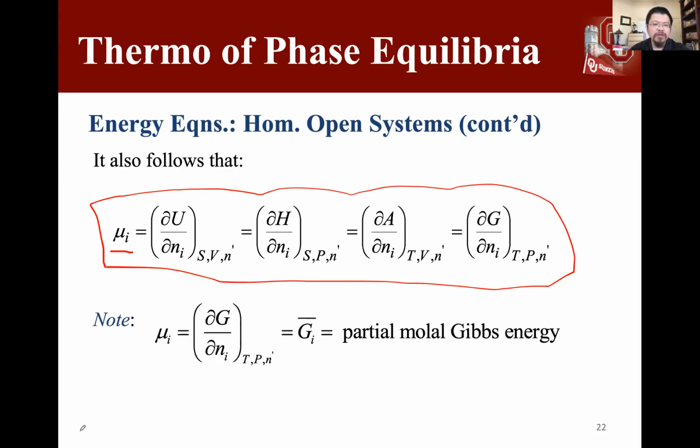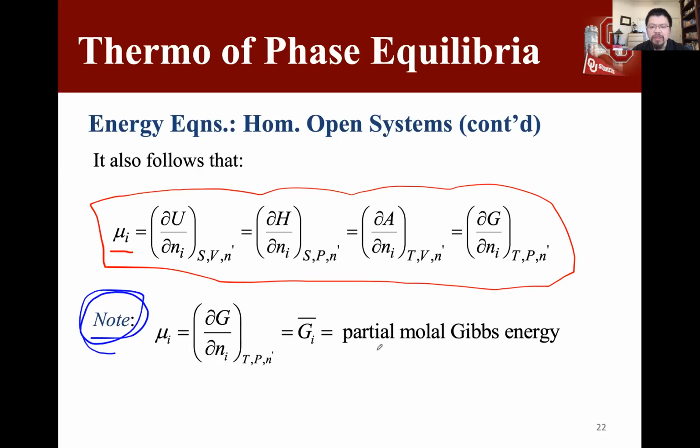I have a specific note. Let me change the color. Blue is the favorite one. So I have a note, and please pay attention to the note. And please come back to this slide when you are reading the textbook. I believe it's chapter 10.3, where we are talking about partial.